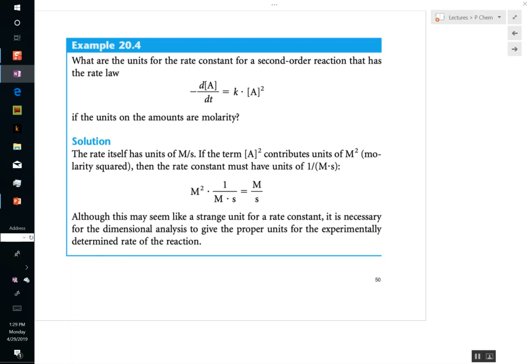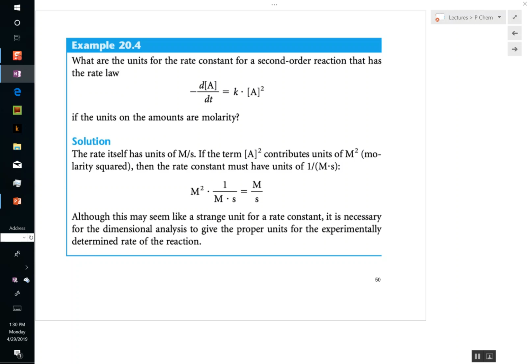Example 20.4 in the book just looks at the units, just says, hey, how would these units work out? What are the units for the rate constant for a second order reaction that has this rate law? dA over dt equals k times A squared. The rate itself has units of molarity per second.